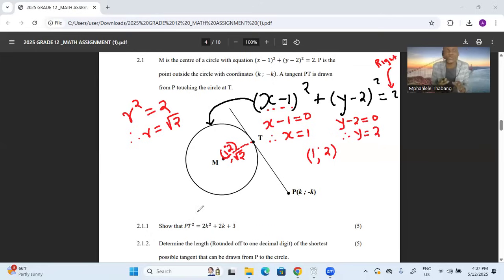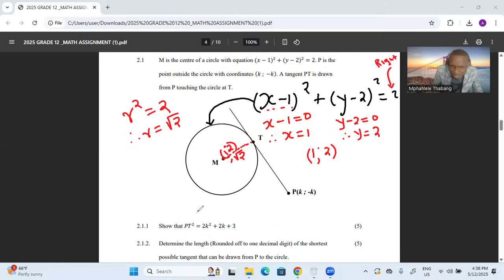I didn't even have to use the distance formula to find the distance from M to T. I just know that M to T is a radius. And from the equation of a circle, the right-hand side value is your r squared. So you say r squared equals 2, and then you find the radius, which is the square root of 2.